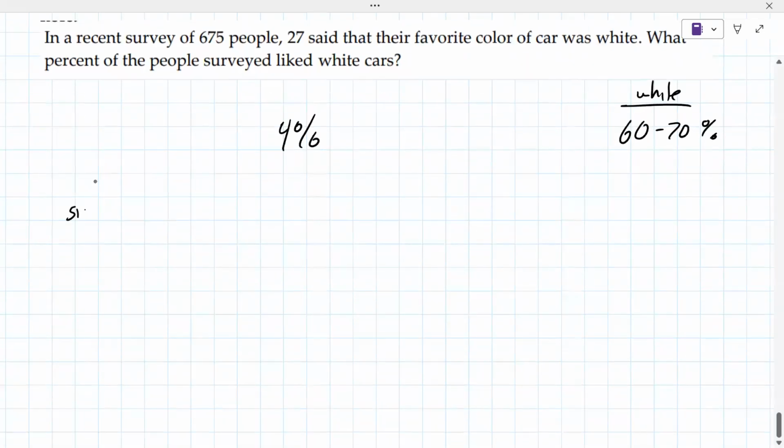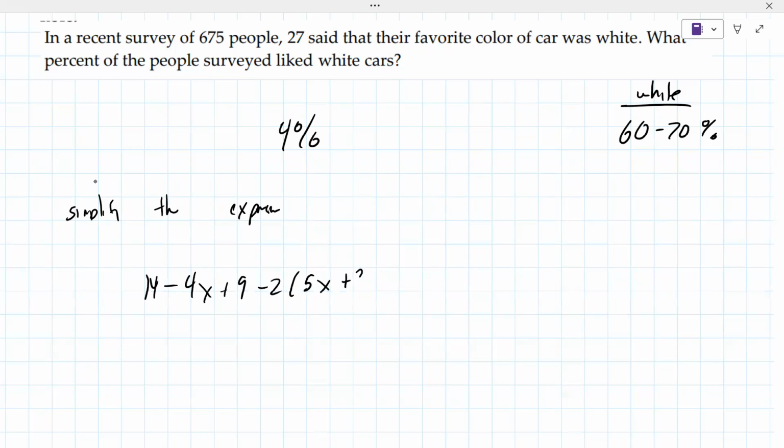Let me give you another one, simplify the expression. We are sort of running out of stuff. Okay, so that's 14 minus 4x plus 9 minus 2 times 5x plus 3.